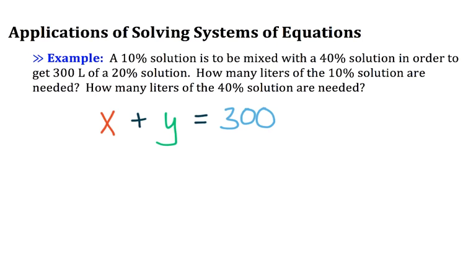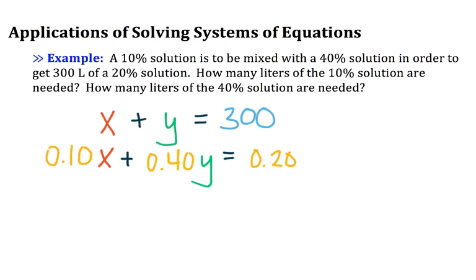So the first percentage was 10%. That was for our first bucket. And then the second percentage was 40%. That was for our second bucket. And in the end, the mixture had a 20%.